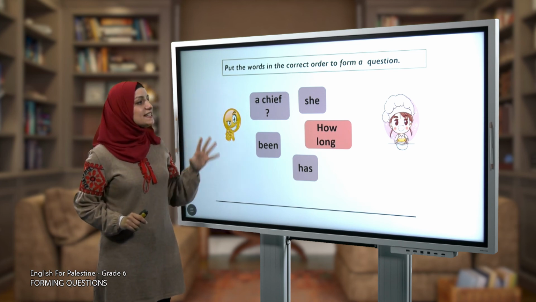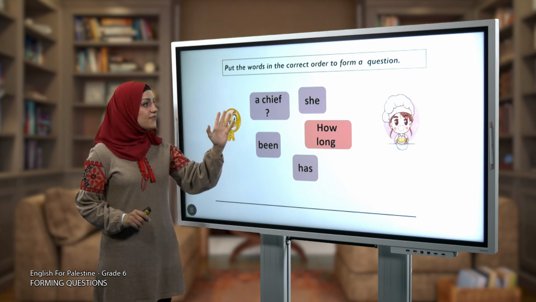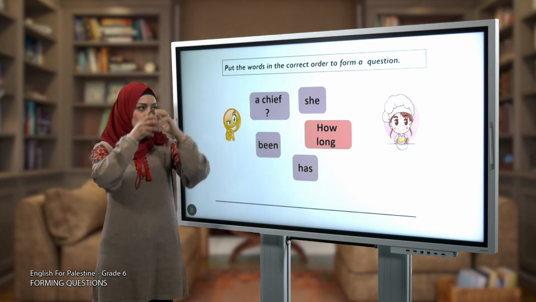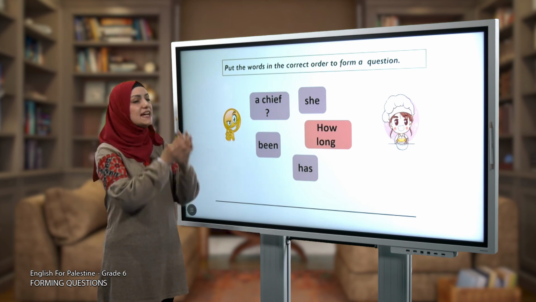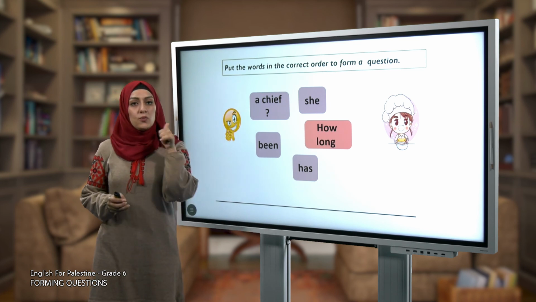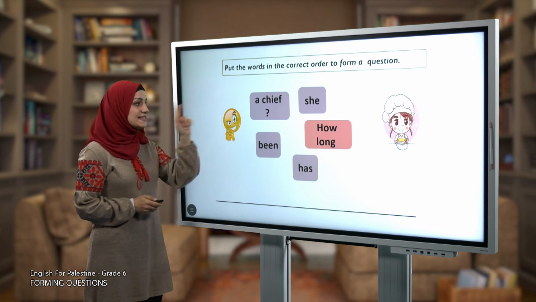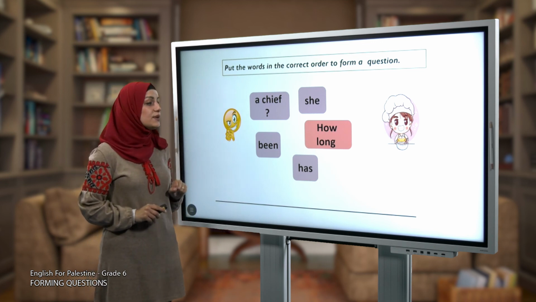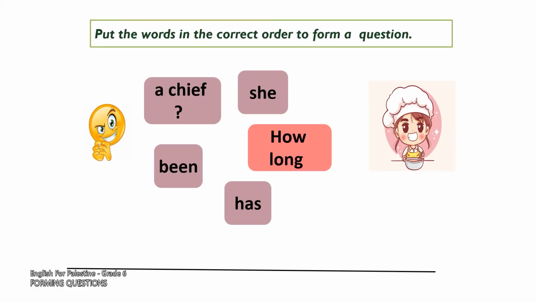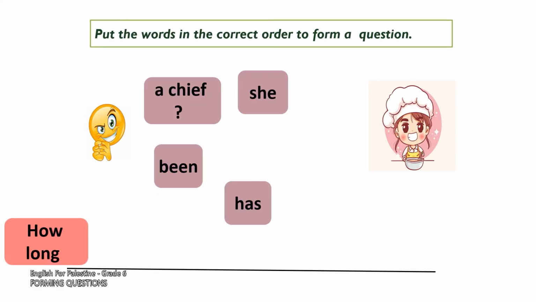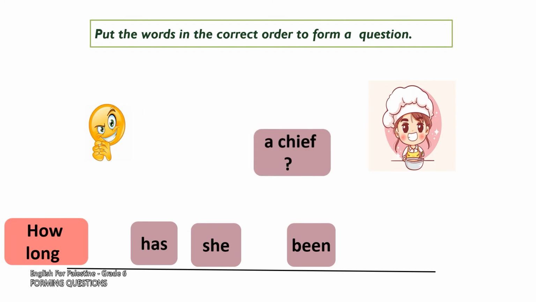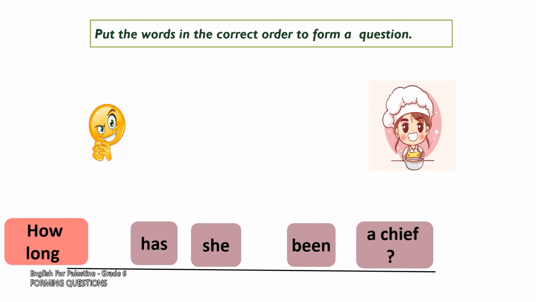Now let's see the words that we have: a chef, she, been, how long, has. Let's organize the words and order them to have a well-written question. The first expression that we start with is how long. Excellent. And then has she been a chef? How long has she been a chef?